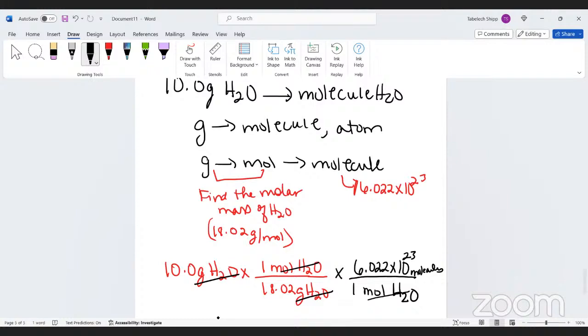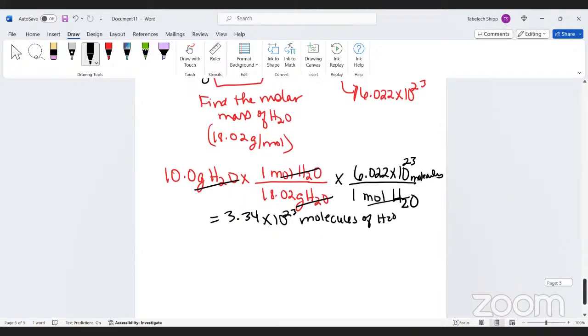That's molecules of H2O. Again, let me scroll this up so you can see that. Did that make sense, Diana?